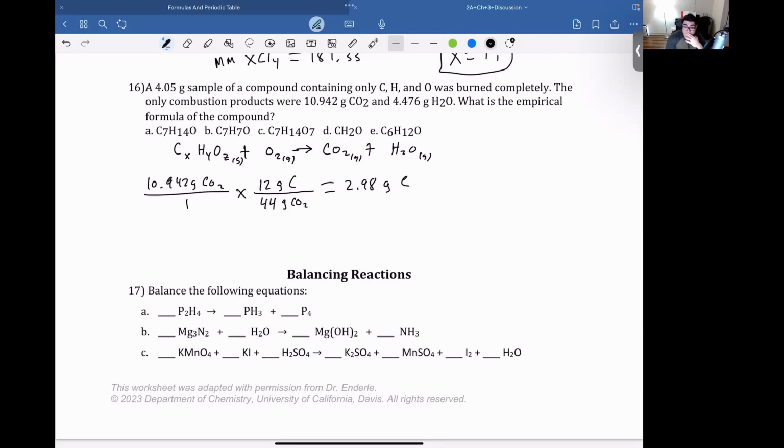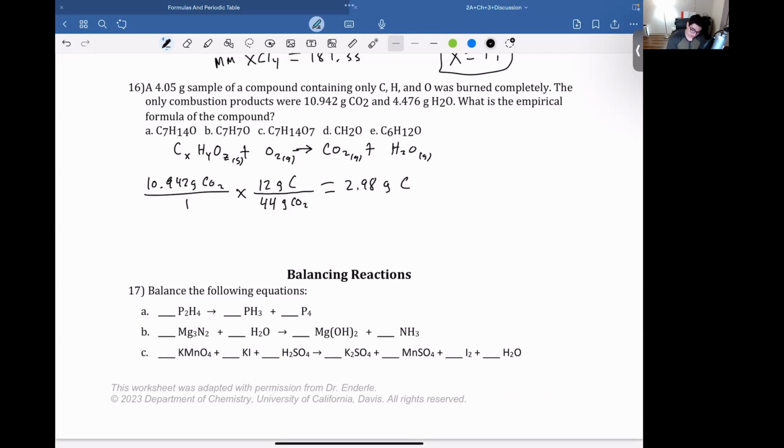Again, you can do this because molar mass is related to mass, right? So if you have 12 molar mass divided by 44, it's the same ratio as 12 grams divided by 44. They are linearly related to one another. So you can just do that. So you get this many grams of carbon.